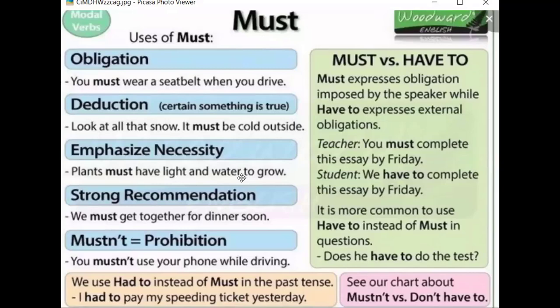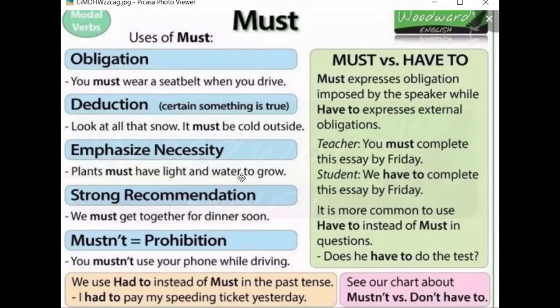So it's showing a similar kind of obligation. But if it is in the past, then we would use had to. If you had an obligation to do something in the past, then you won't use must to show your past obligation. You would use had to.